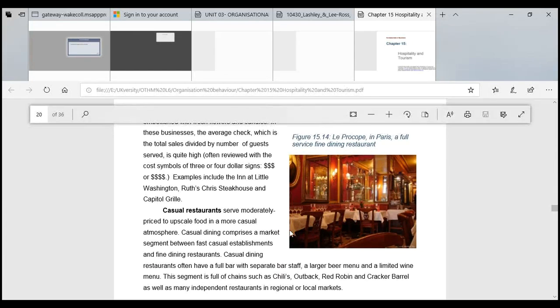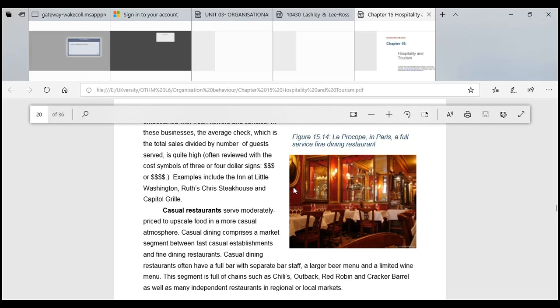In the next lesson, I'll prepare some handouts and we'll go through case studies of companies like Holiday Inn and various other hotels, and how organization behavior and performance apply in hospitality industries.